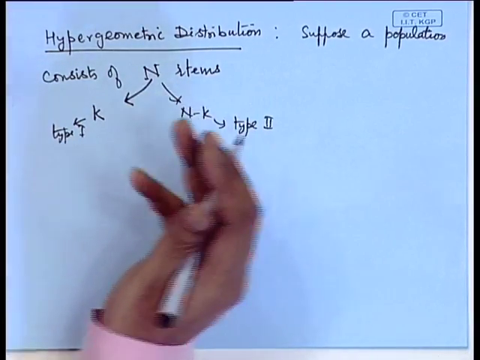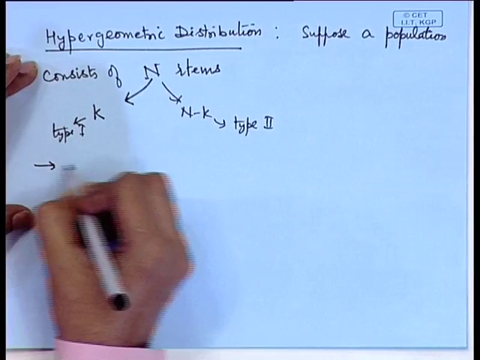So, like the Bernoulli trials, where we are looking at everything with only a two sided vision, success or failure, here also the same thing is there, but the model is that we are considering a finite population model.